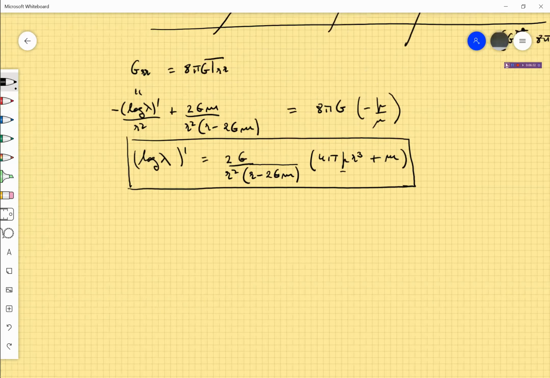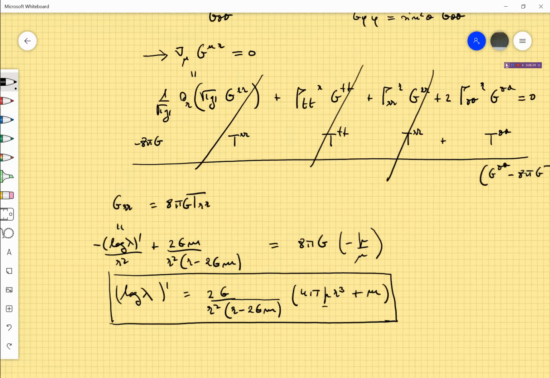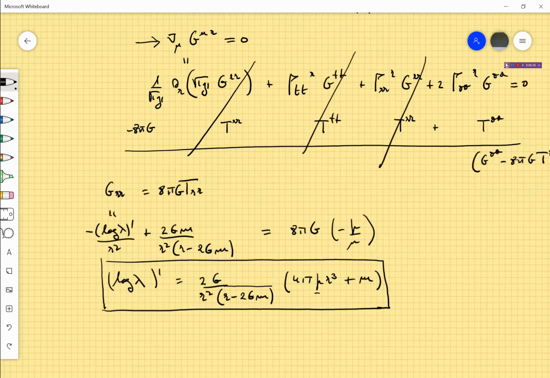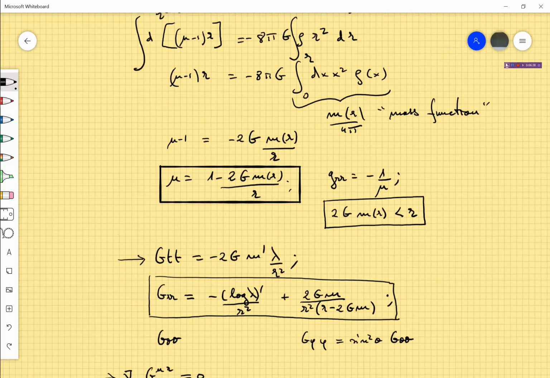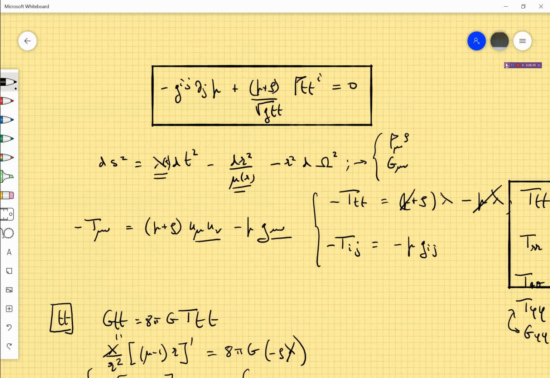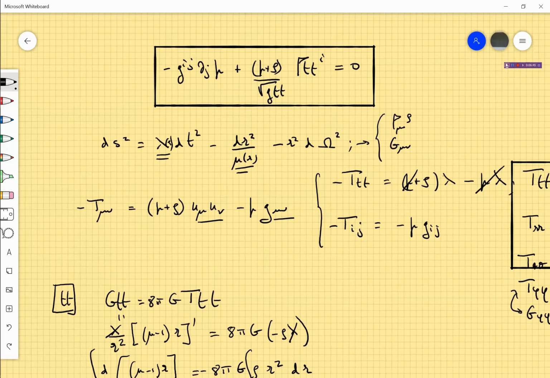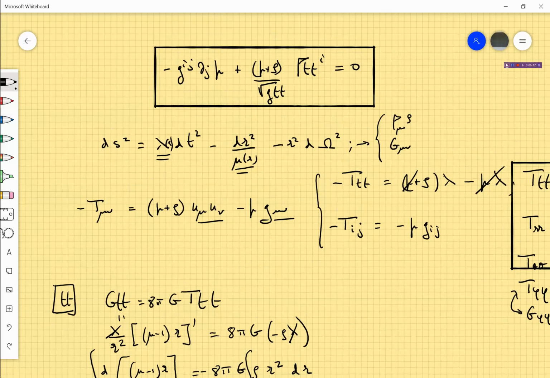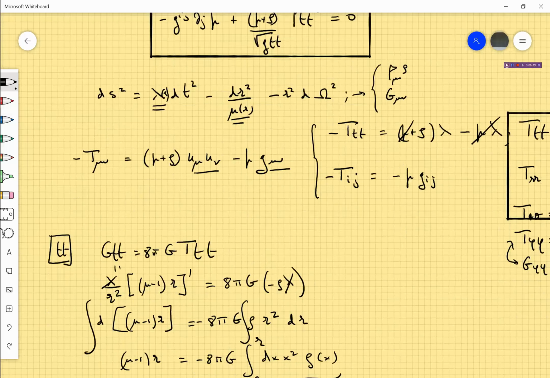Now we haven't yet solved the Euler equation, the R components of the Euler equation that we left here, and we can just consider the R component of this equation.